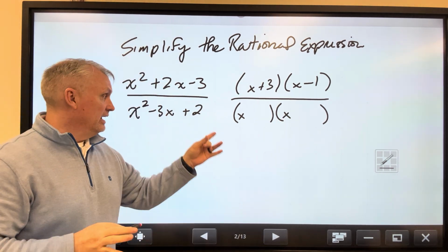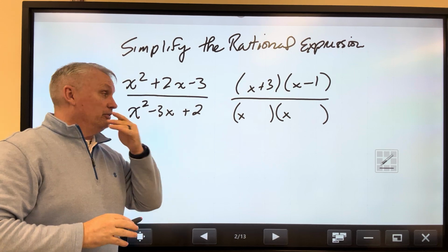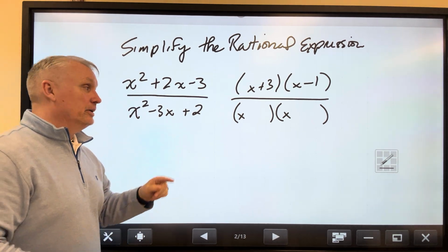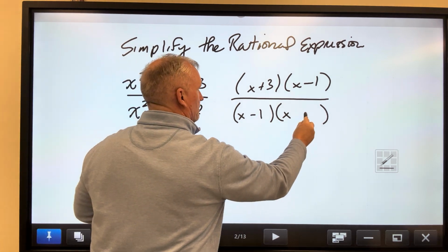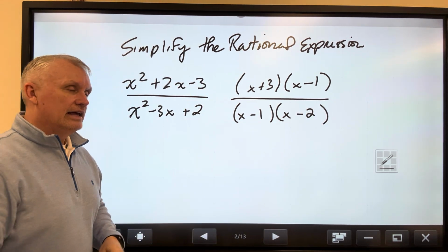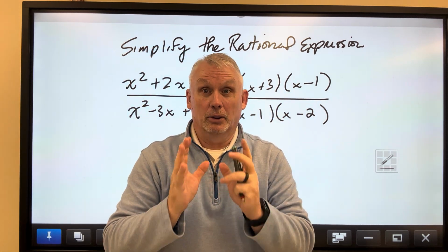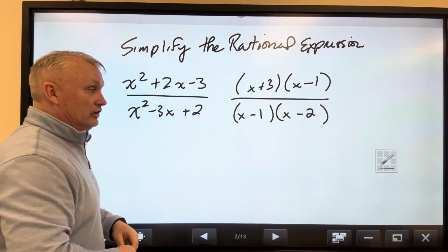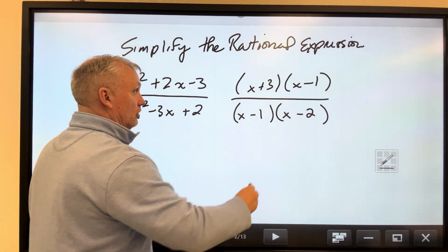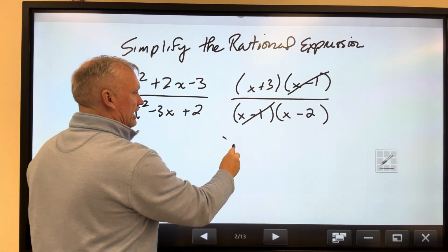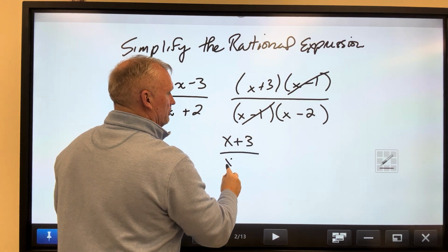Sometimes people get confused with it. A minus followed by a plus is a factoring pattern: minus 1, minus 2. Here's the giveaway too. If you have something on top, you're probably going to have it on the bottom. So now all you do is cancel, cross things out, and you're left with x plus 3 over x minus 2.